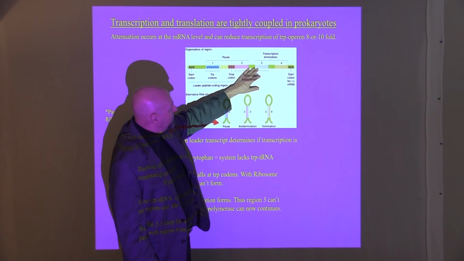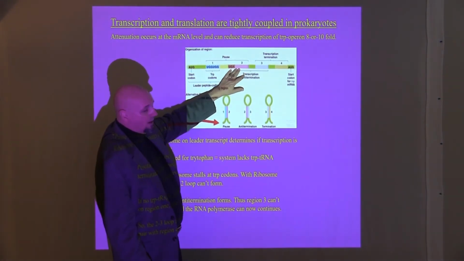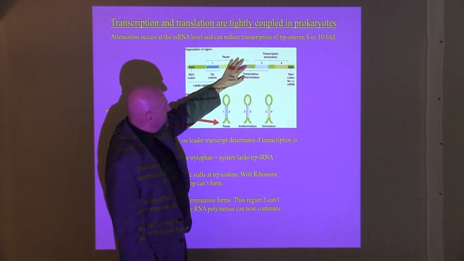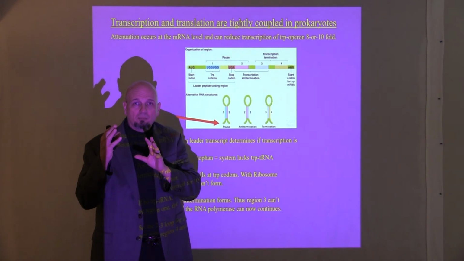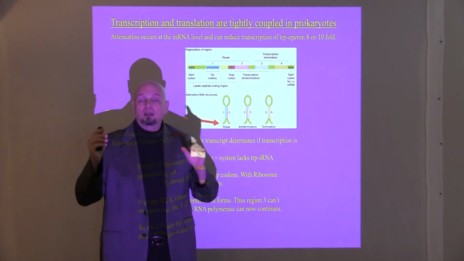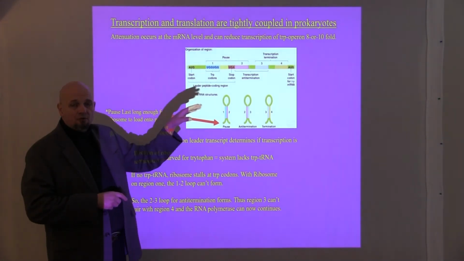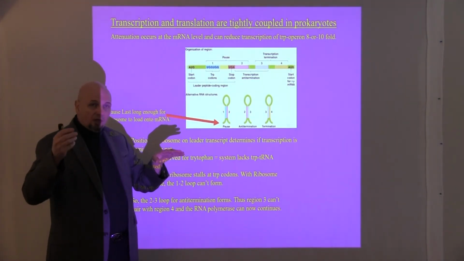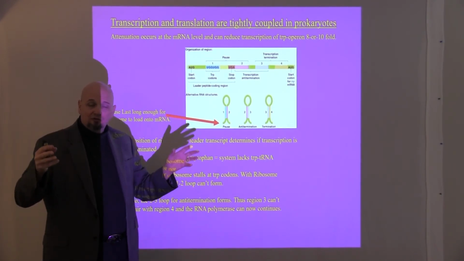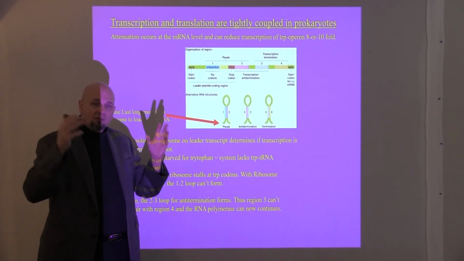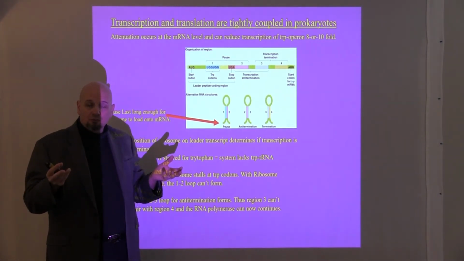Since region number 3 can't interact with region number 2 because the ribosome is sitting here, then 3 and 4 interact, and they're close enough to the RNA polymerase to cause it to pop off, and you get a short transcript. Now, depending on the amount of transfer RNAs in there, if you have a good amount of tryptophan, then that tryptophan is going to keep all the transfer RNAs charged, and so pretty much the system doesn't need any more tryptophan generated.